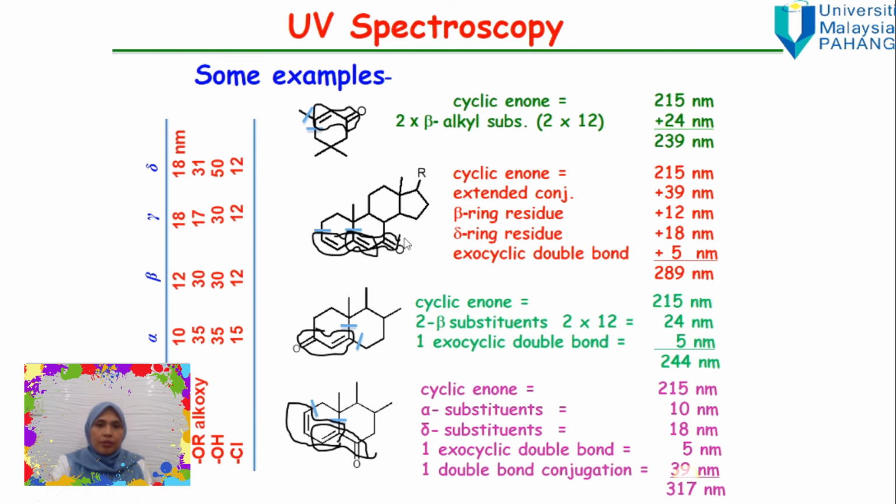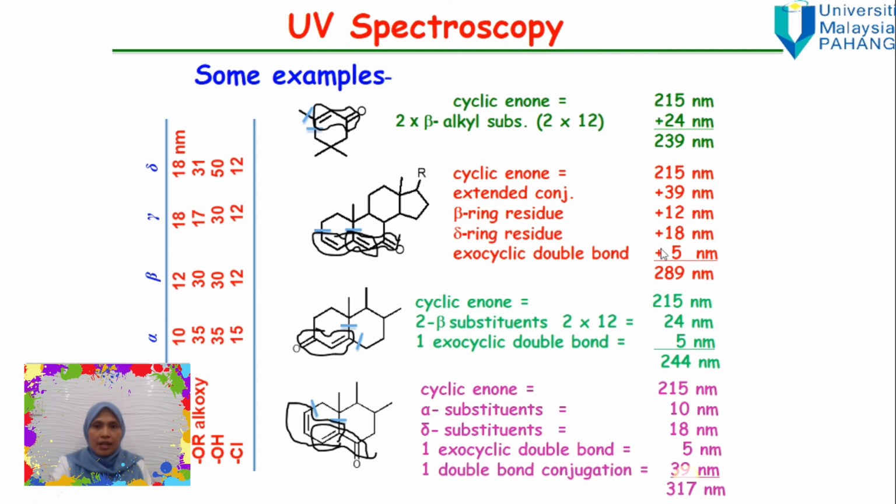And this one you have to make this shape. And another one is extended conjugation. So the cross section is 2 alkyl. Extended conjugation is added with 35, and the base cyclic enone is 215. And so how can we know whether this one is beta or alpha? You have to calculate. From here, this one is alpha, this one is beta, one is gamma, the one is sigma. So in this case, they have beta and sigma rings.